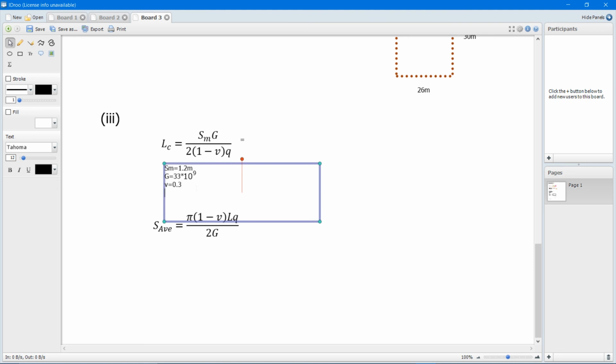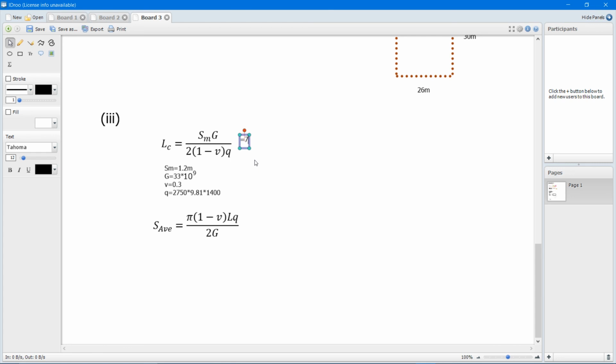Q, which is rho g h, density times a density of 2750 times 9.81 times 1400 depth. Okay, so we substitute that into our formula, then we find a solution.